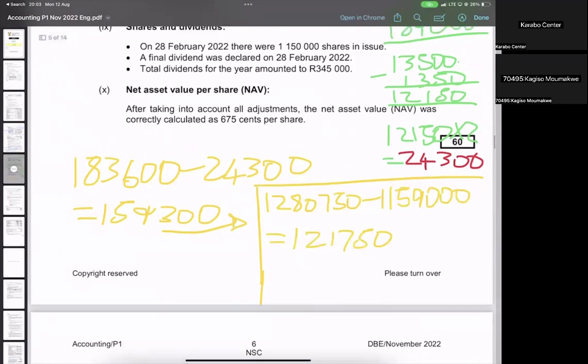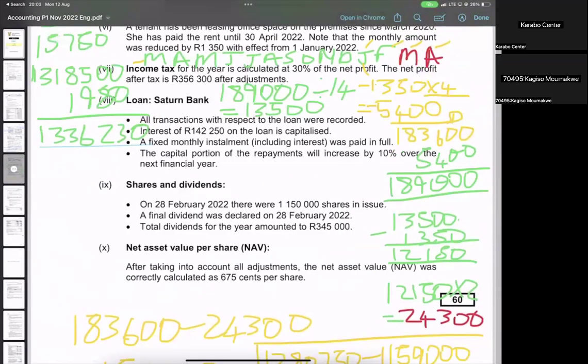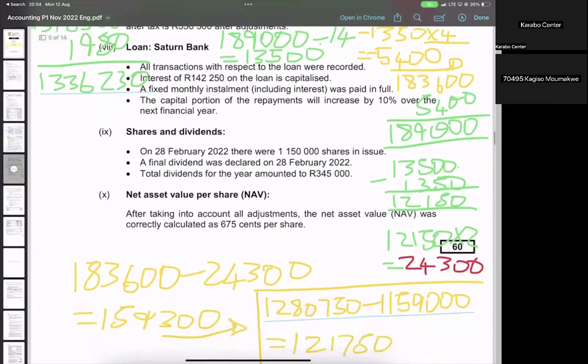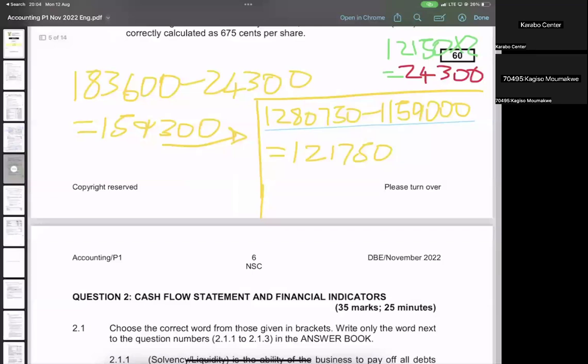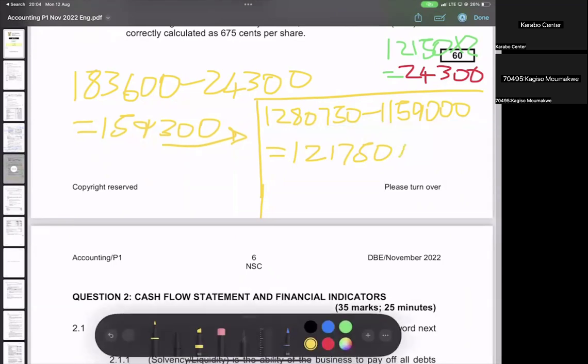So let's go back to our transaction and see what they say. They say a fixed monthly installment, including interest, was paid in full. And then they say the capital portion of the repayments will increase by 10% over the next financial year. So this is the capital portion, the 121,750, and it will be increased by 10% over the next financial year. So now we have to account for the increment. Say 110 over 100.